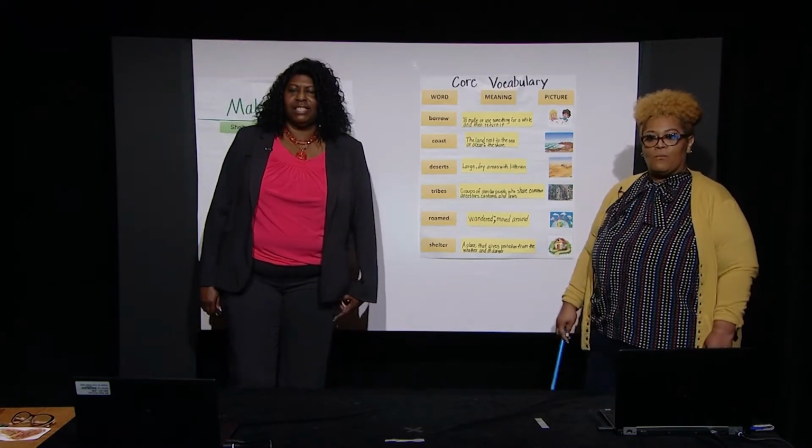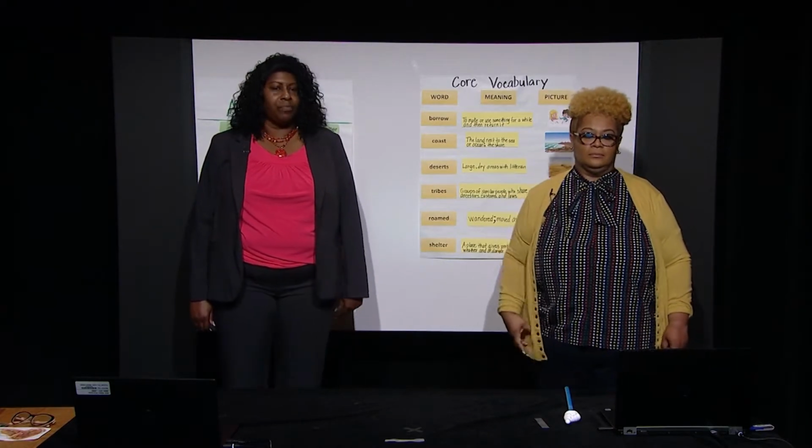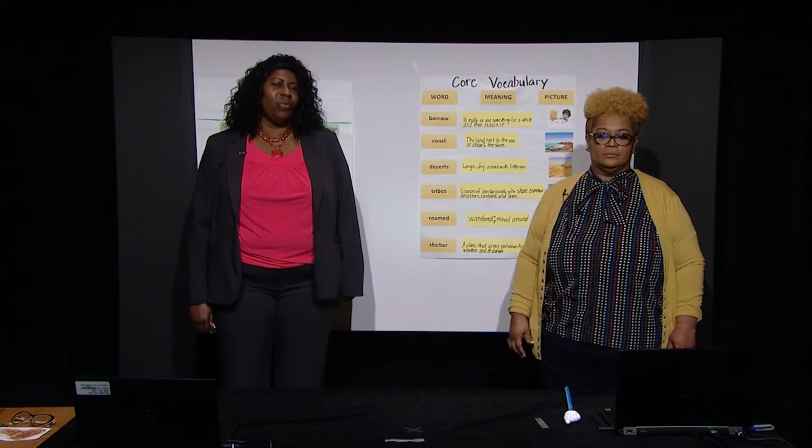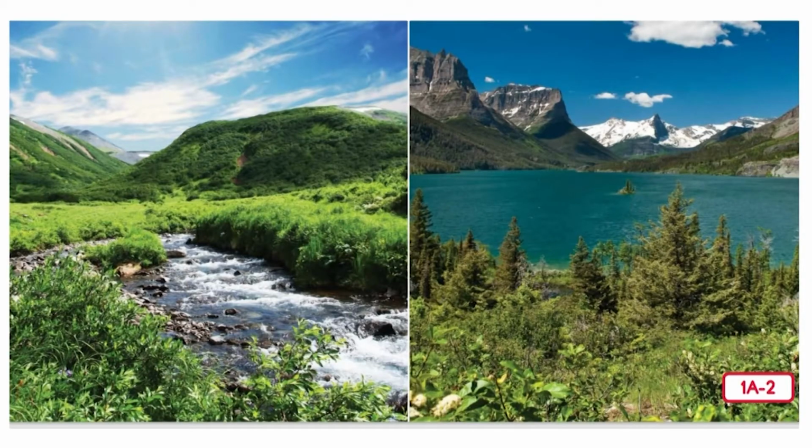Now let's listen to find out what the different tribes of Native Americans wore, what they ate, and what kinds of houses they lived in. Long, long ago, long before you and I can remember, long before our grandparents and their grandparents and their grandparents can remember, there were no people living on the land where we live today.